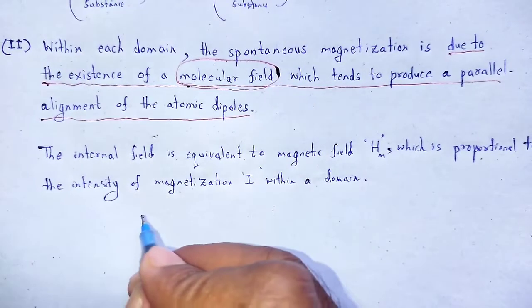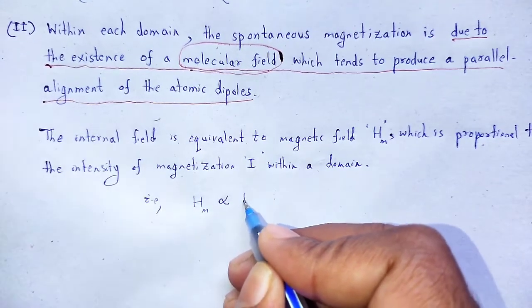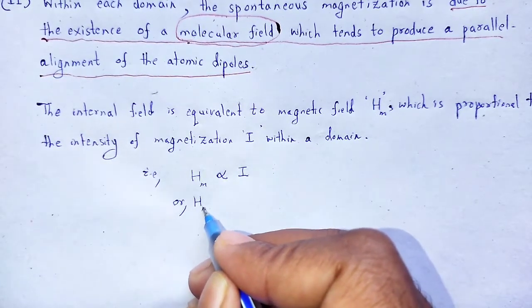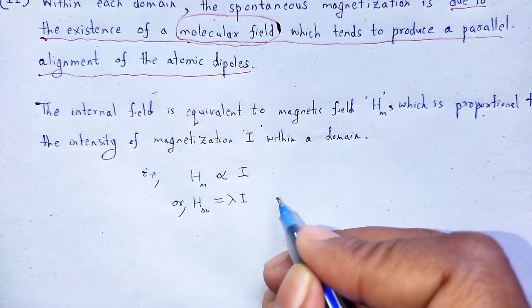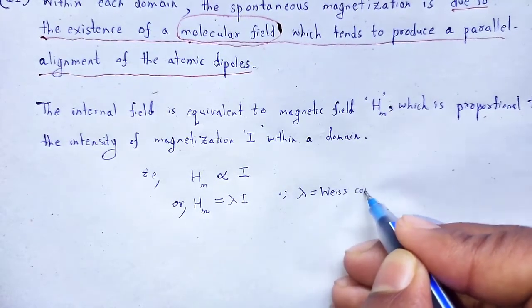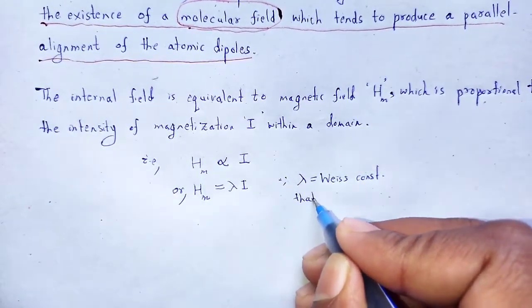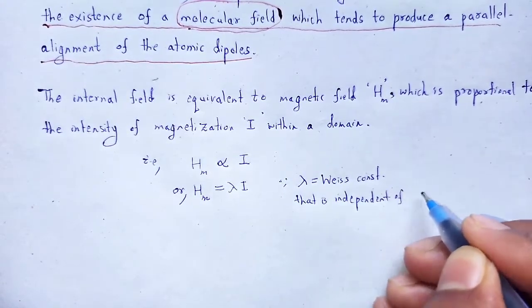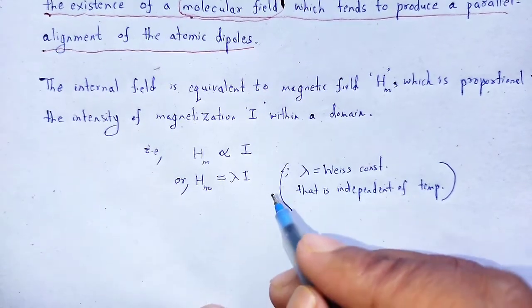Here we use a proportionality constant lambda, the Weiss constant, which is independent of temperature. Hm equals lambda I. Equation number 1.